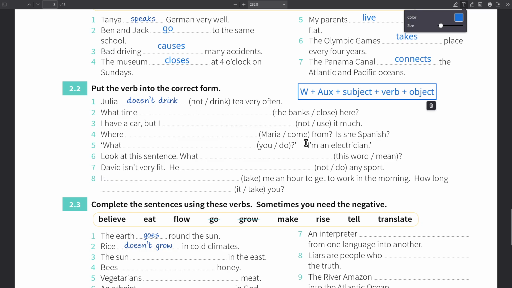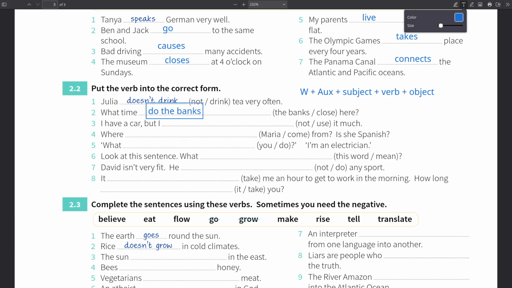Let's see. The banks, this is plural. So "do".